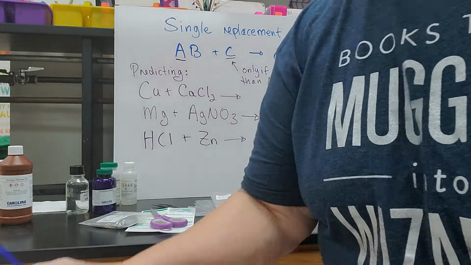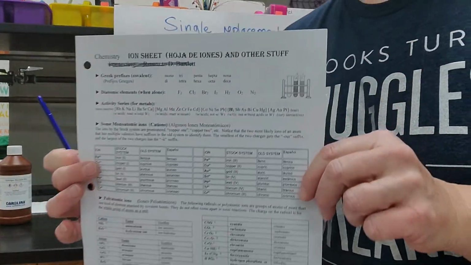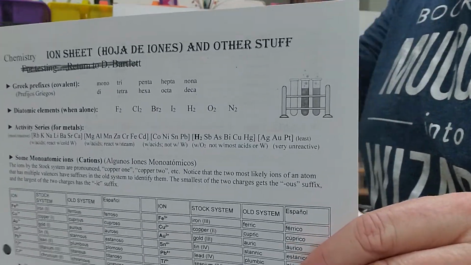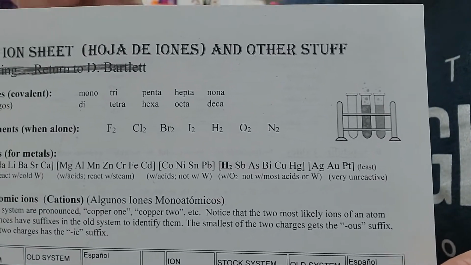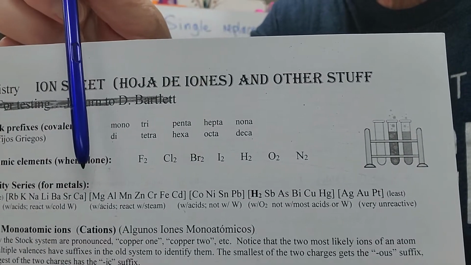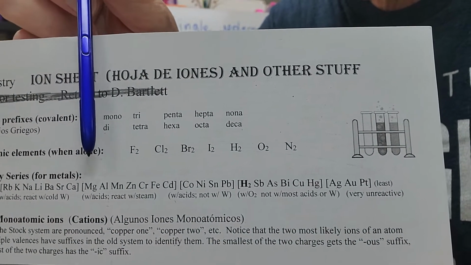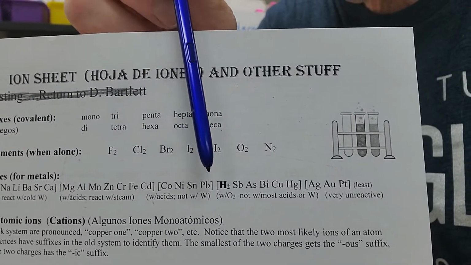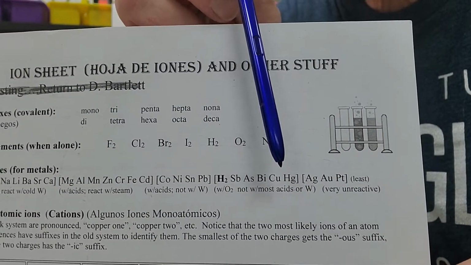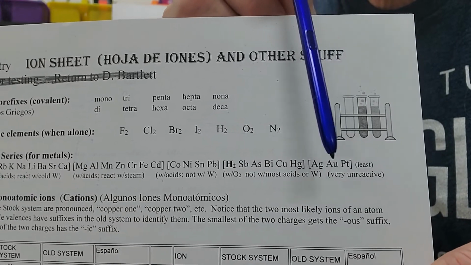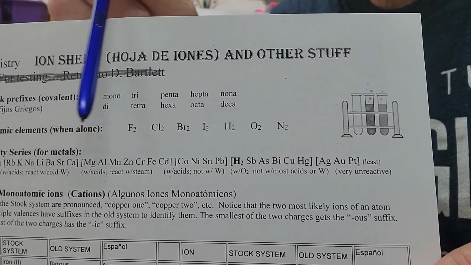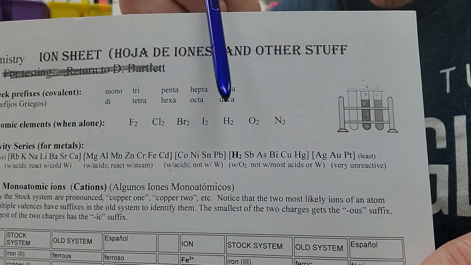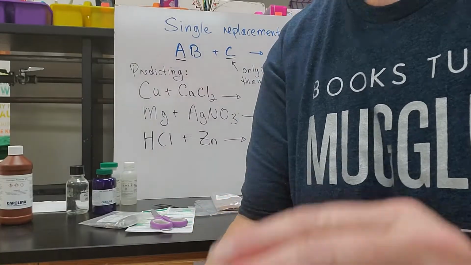So if you'll get your handy dandy ion sheet, and you can see right here you've got calcium, and then where do we have copper? Copper's all the way down here. So notice it says least reactive, more reactive. So that means that calcium is more reactive than copper.